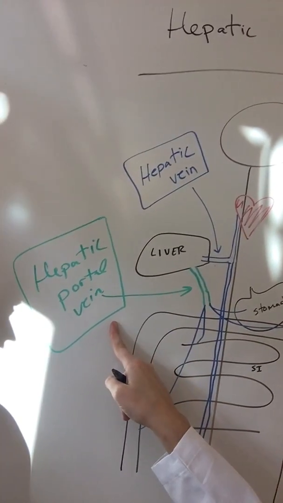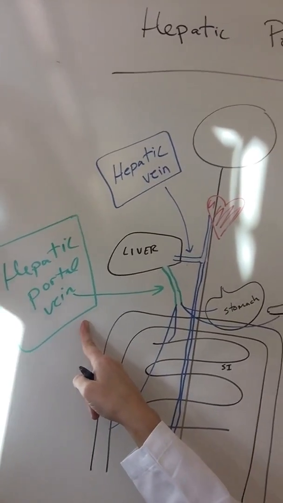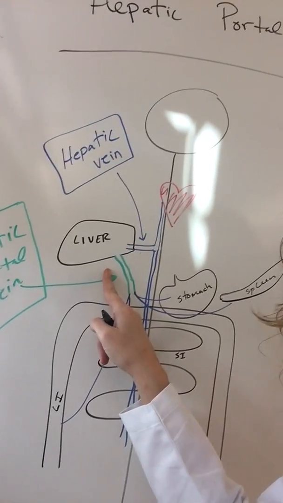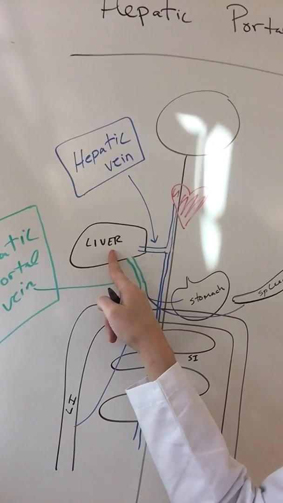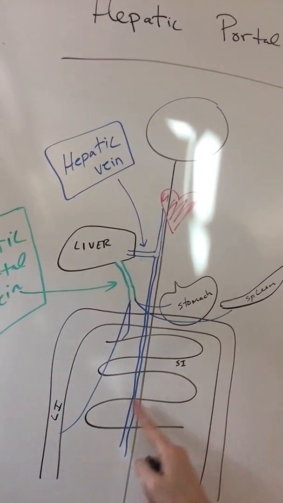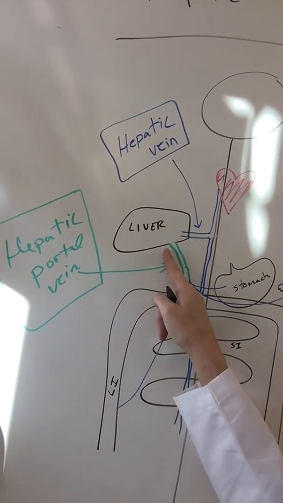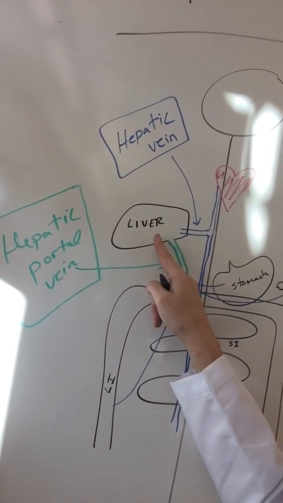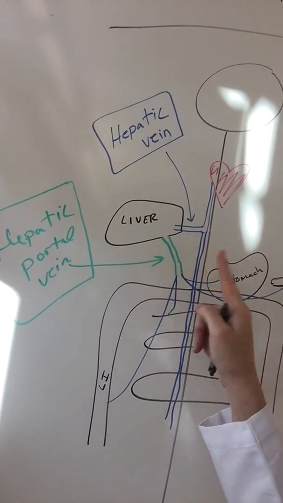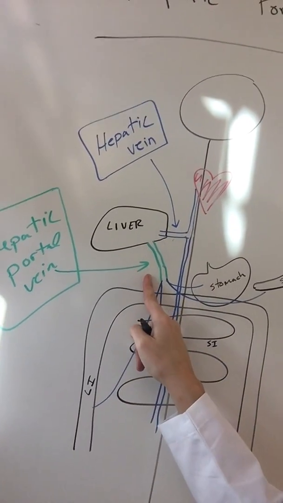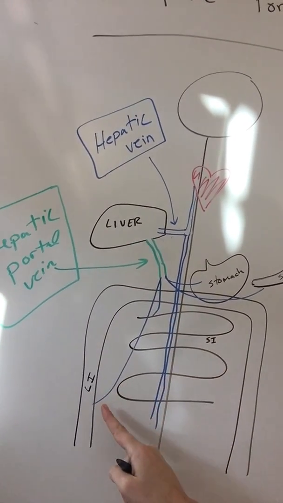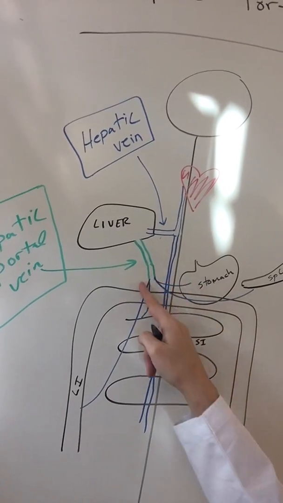The hepatic portal vein is a portal. The hepatic portal vein transports blood from the GI organs back to the liver.